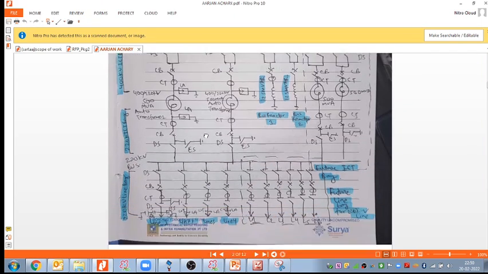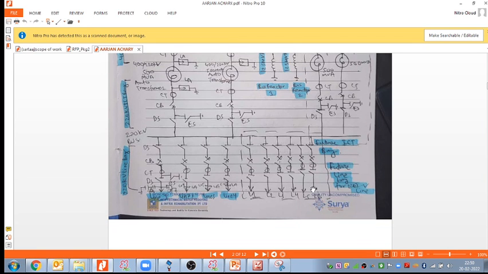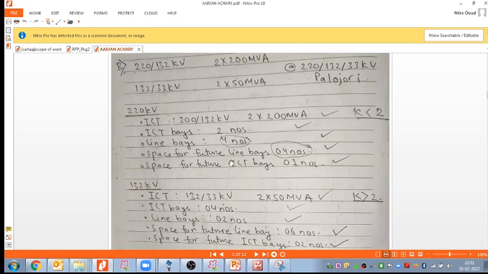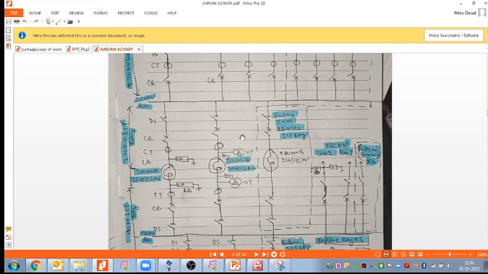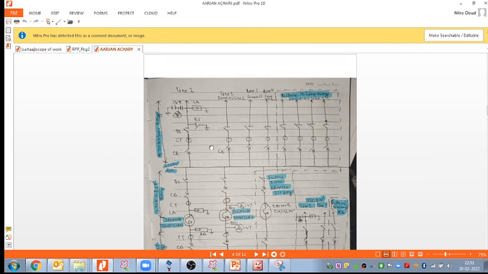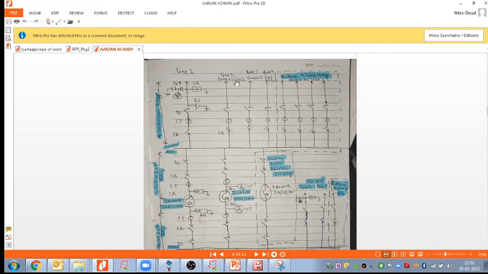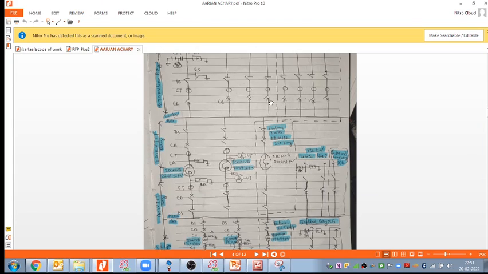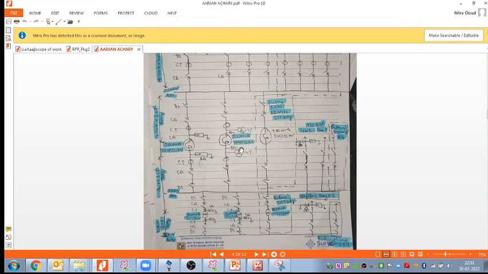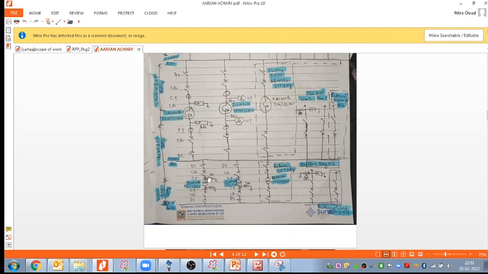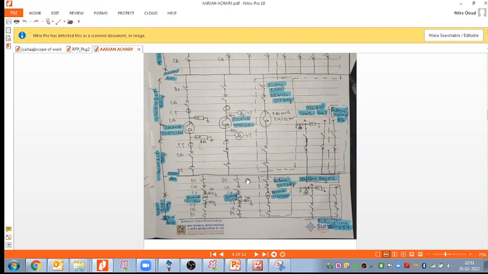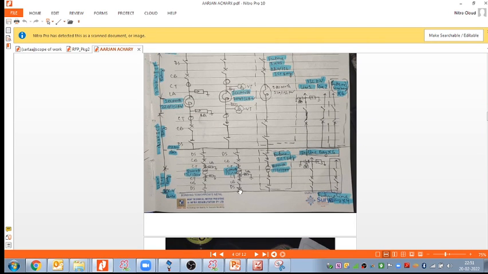For my 220 kV, that is 220 kV coming here, and this 220 kV bus, that is clear. Coming to your option number B. Line 1, line 2, line 3, line 4, yes, correct. Then this is your 220 by 132 kV ICT bay, that is fine. Then this is your 132 kV bus here, 132 kV 2 line bays.